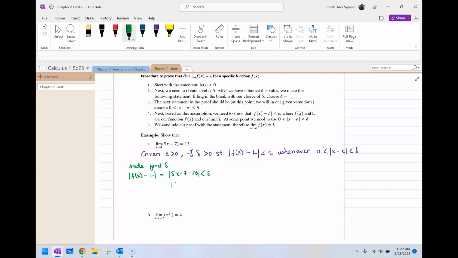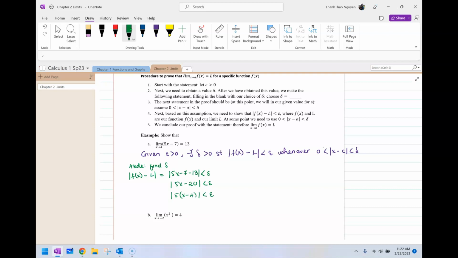So |5x − 20| is less than epsilon, and the goal is to see if we can manipulate this to get something with x − c. Well, x − c here is x − 4. So I factor out a 5: 5|x − 4| less than epsilon.